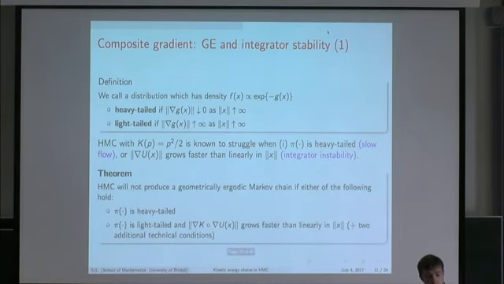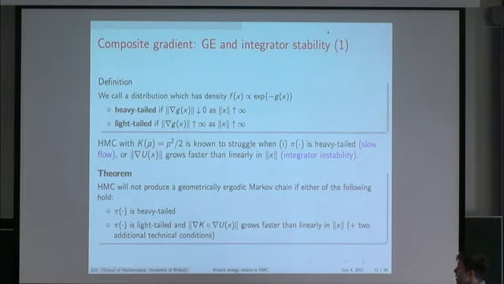So we have the following extension of that result. In the first case, when pi is heavy-tailed, there is no choice of kinetic energy independent of x which will give you a geometrically converging chain. For that reason, we're focusing more on the light-tailed scenario.